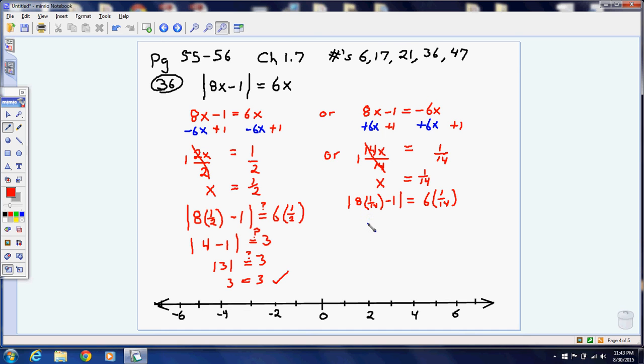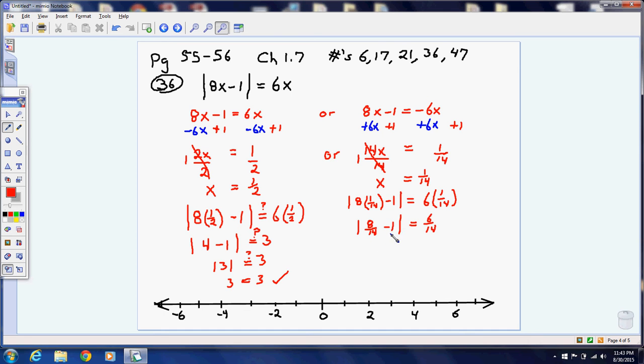Well, 8 times 1 over 14 is going to be 8 over 14 minus 1 equals 6 over 14.